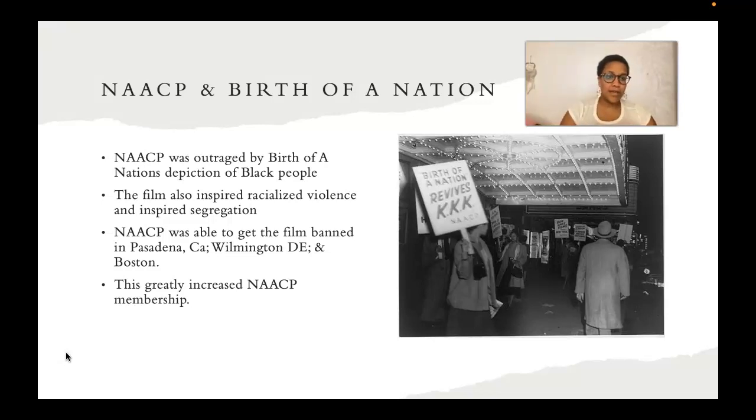There were increased instances of targeted attacks against African American peoples, some of which resulted in murders and lynchings. And so the NAACP was able to get the film banned in places like Pasadena, California, Wilmington, Delaware, as well as Boston. And this advocacy and this campaign against the film greatly increased the NAACP's membership.